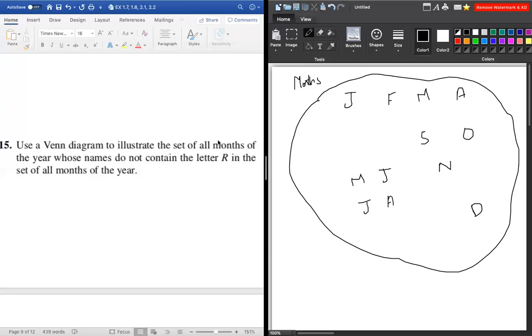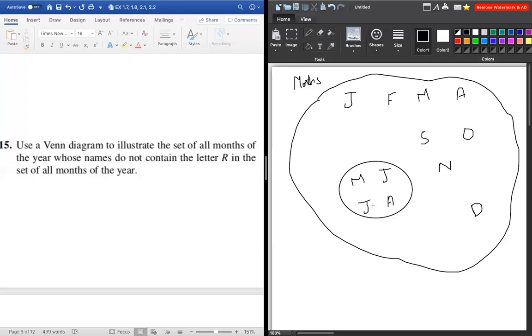But now we are supposed to illustrate the set which does not contain the letter R. So if we look at these months, we know that these 4 months here don't contain the letter R, right?